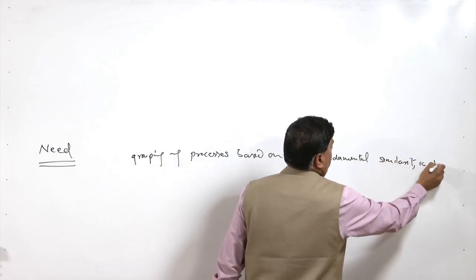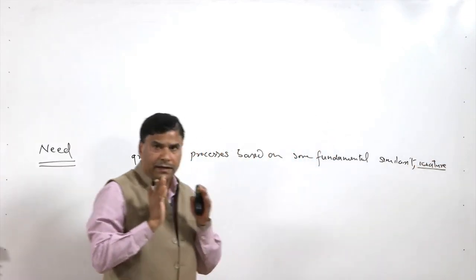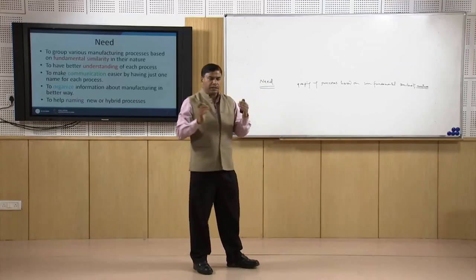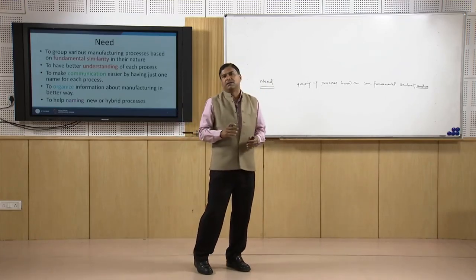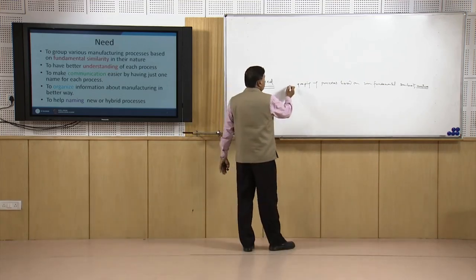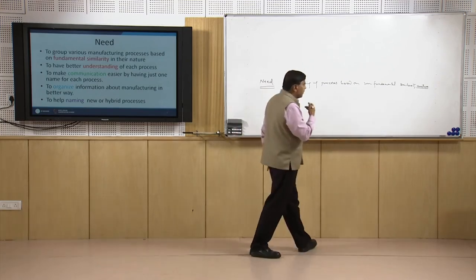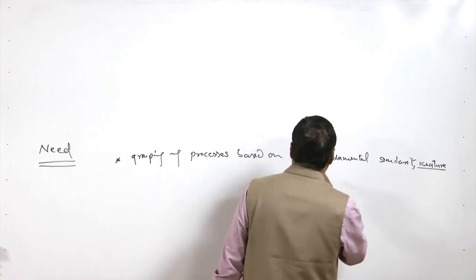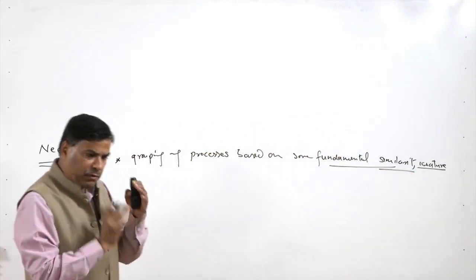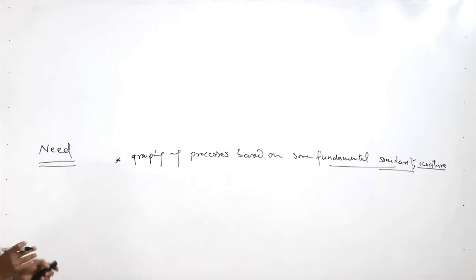So, this is one way in which we can put the different manufacturing processes in certain groups, like joining or casting or forming. So, they are grouped on the basis of some kind of similarity in the way material is processed for manufacturing. So, we can see how a particular process is fundamentally similar to another process or different from it.